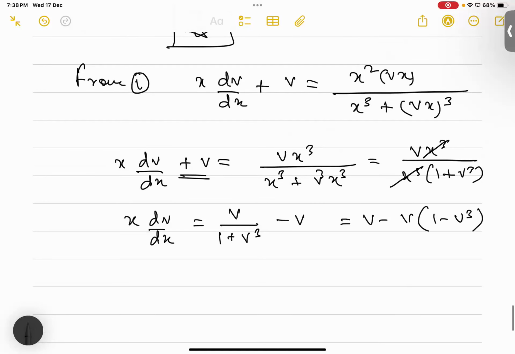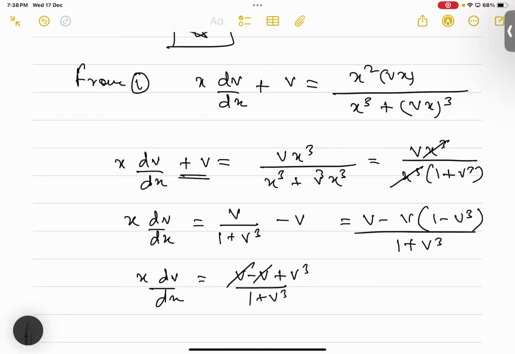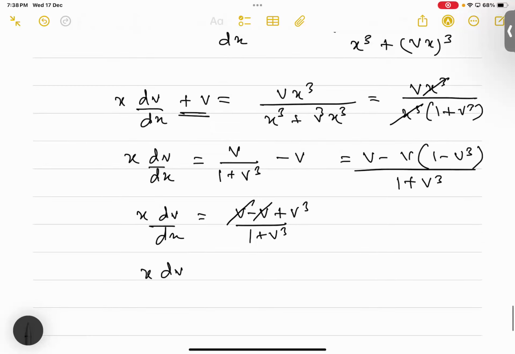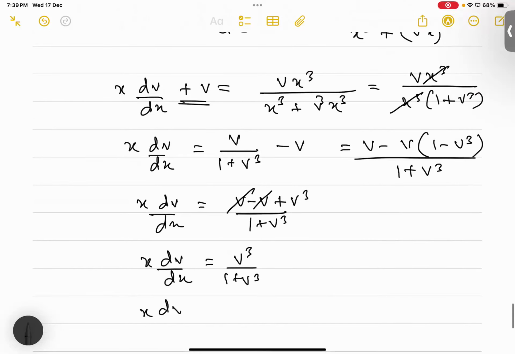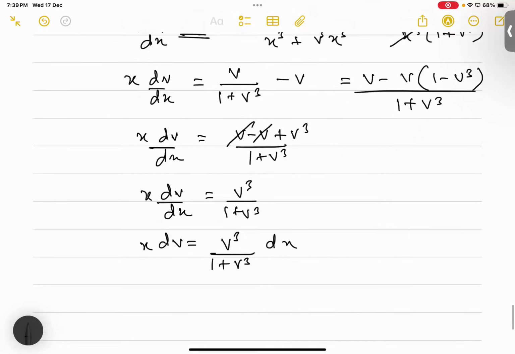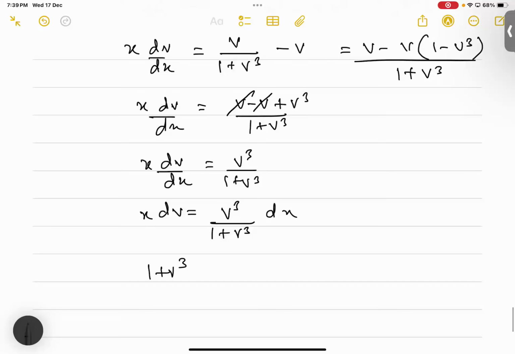LCM. Now this problem is going to be relatively simple. x dv by dx is v minus v plus v cube. v and v is gone. x dv, you can go on copying, you don't require my help over here now. dx. 1 plus v cube upon v cube.